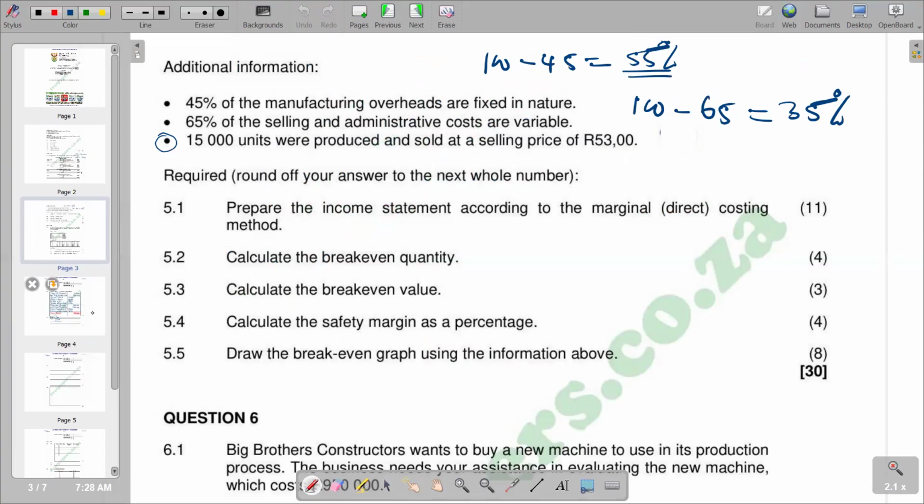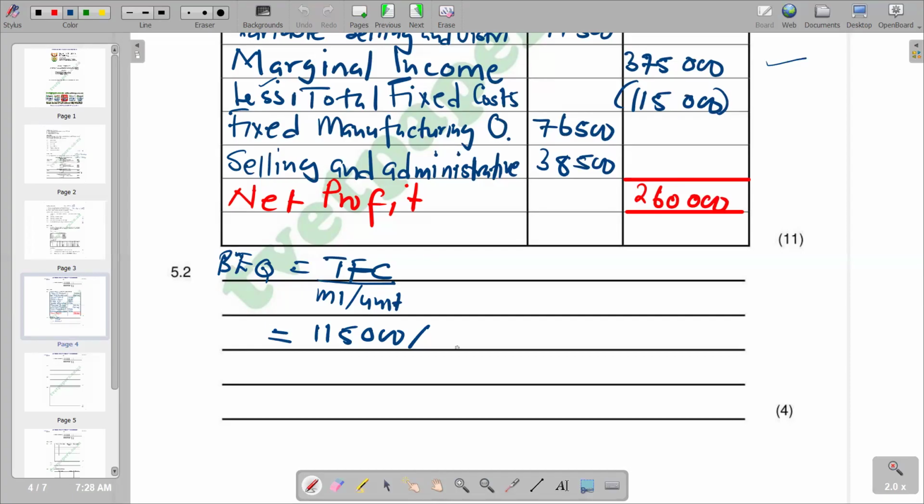So we are saying 375,000 for marginal income are divided by 15,000 number of units, in brackets.